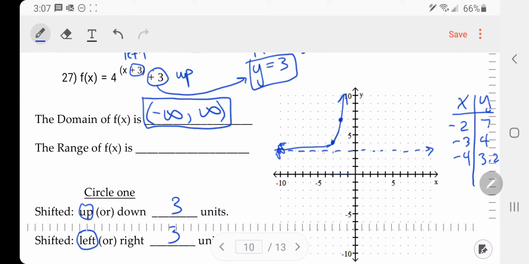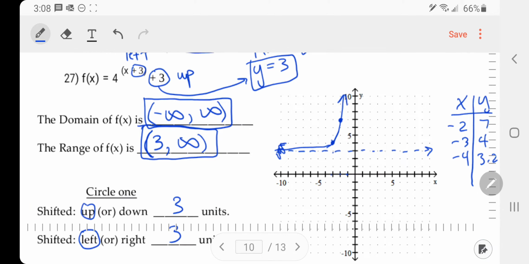The graph is never going to go below 3. In fact, it's never going to even get to be 3. So if we go from bottom to top, this graph starts at 3 and goes up forever. We definitely don't want to use a bracket. We want to use a parenthesis on the 3 because there's an asymptote and it'll never touch at 3.